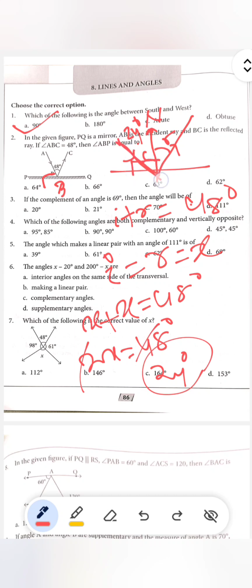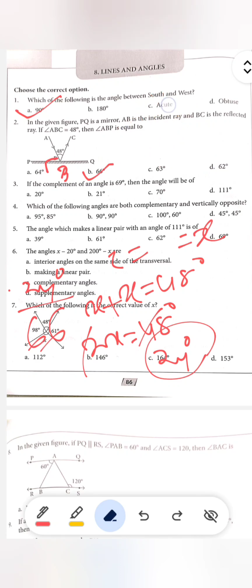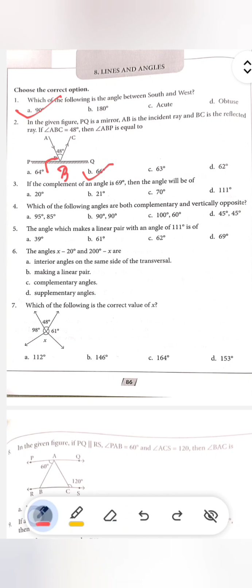So here we need to find this angle ABP. It means 90 degree minus 24 degree, because we got that I is equal to 24. So 10 minus 4 is equal to 6, 8 minus 2 is equal to 6. So option B is the correct answer. As this one is a science related question, you have to know very well about the angle of incidence and angle of reflection. Now come to the next question.